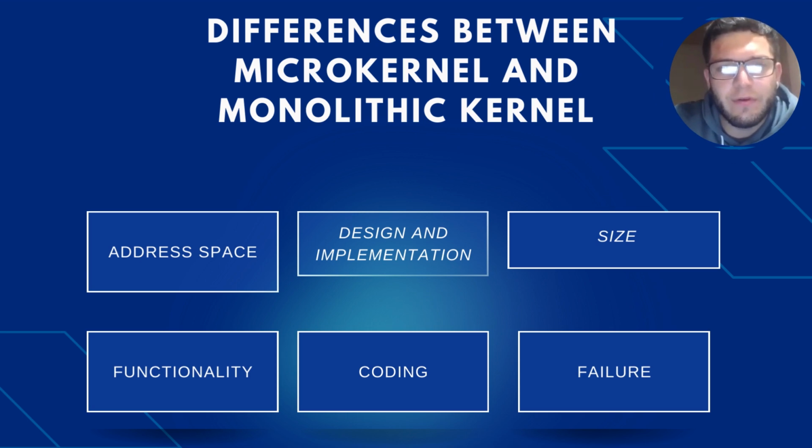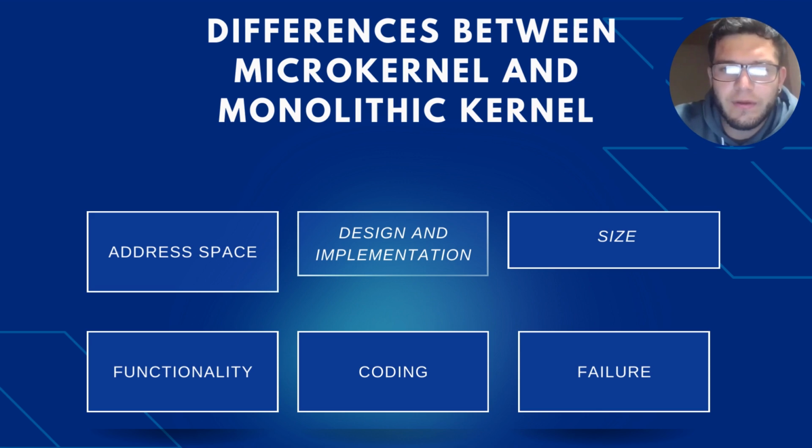In the parameter of design and implementation, the OS is complex to design in microkernel. In size, microkernels are smaller than monolithic. In functionality, it's easier to add new functionalities in microkernel.